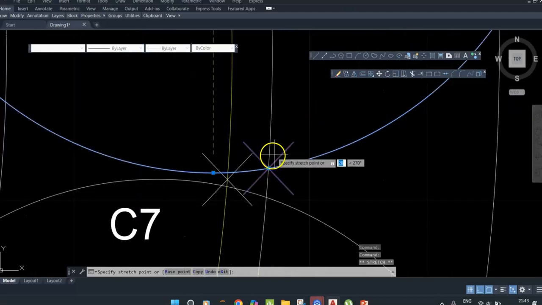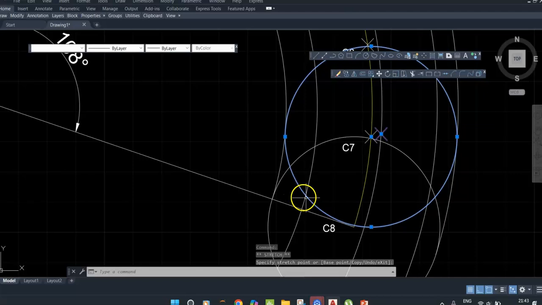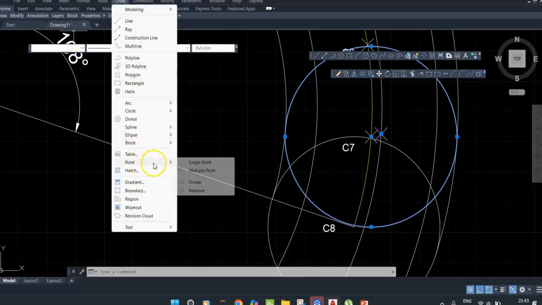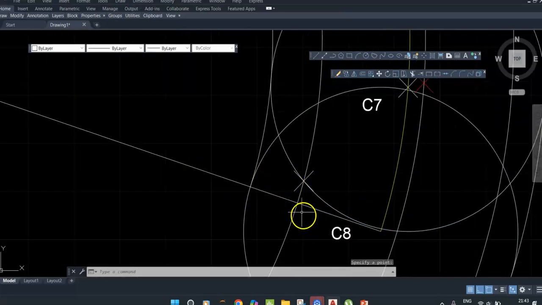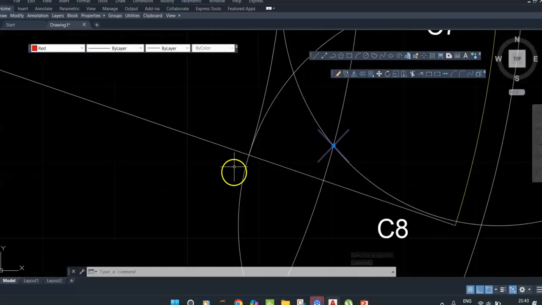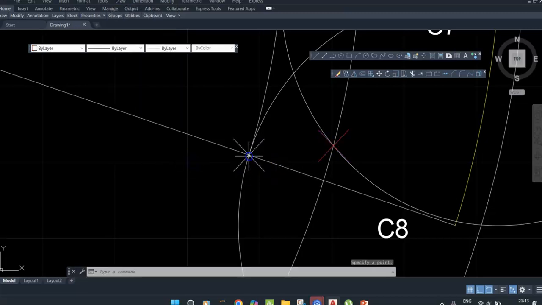From C6 to C7, mark that point also very carefully. This is my point. I am converting it to red color. And the last point is the end point, right? I am converting it to red color.